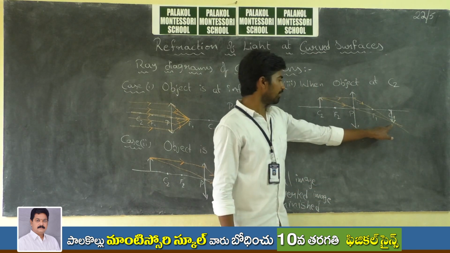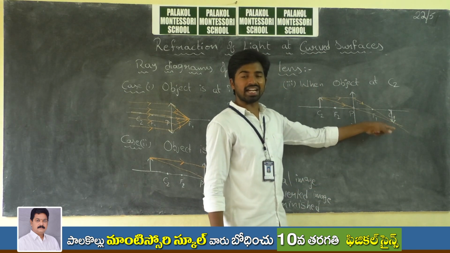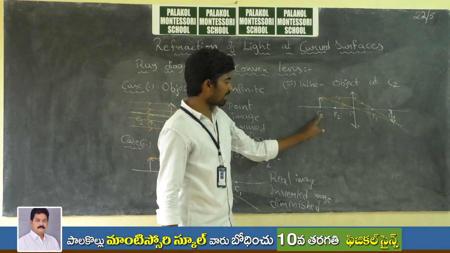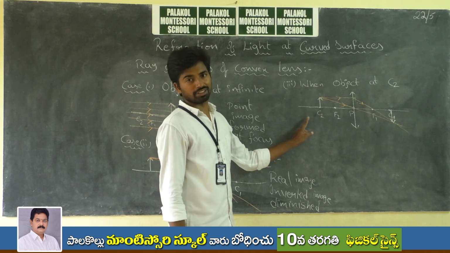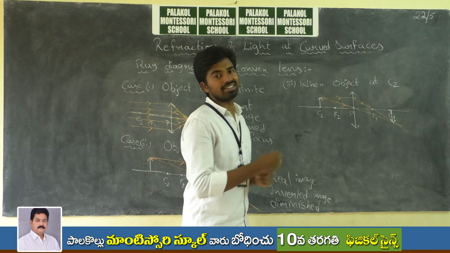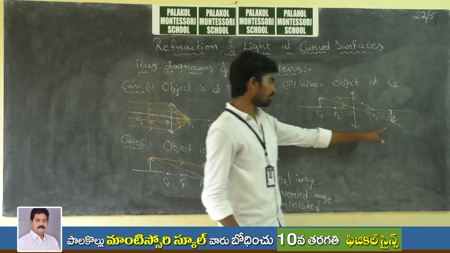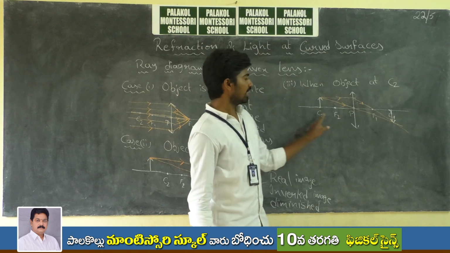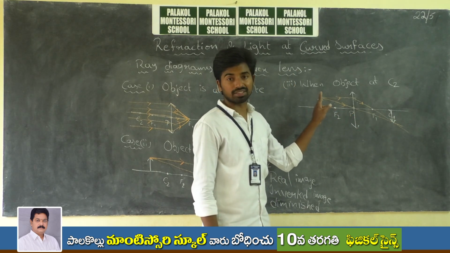You can observe the image is obtained at the center of curvature on the other side of the lens. When the object is placed at the center of curvature, the image will be observed at the other center of curvature. And what is the nature of this image? The size of the image is the same as the size of the object.